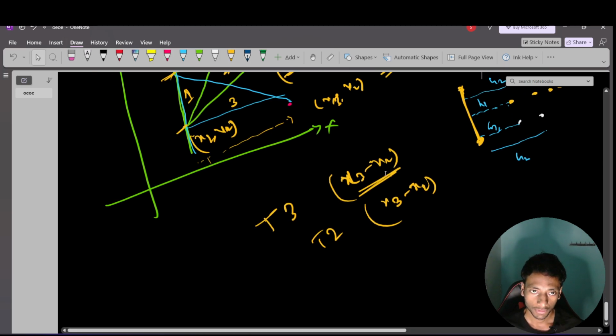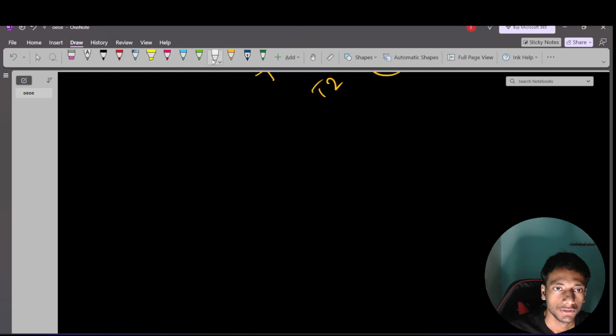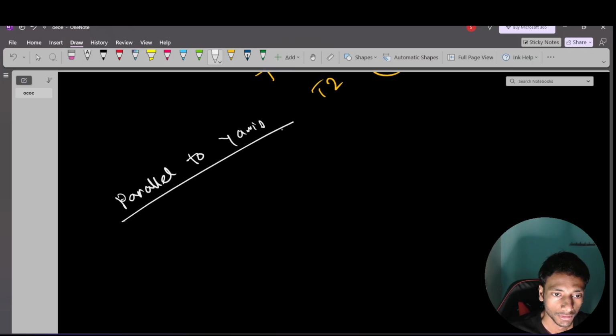So parallel to, what is the condition? I am generating all the triangles that are parallel to the y-axis. First of all, fix the base.